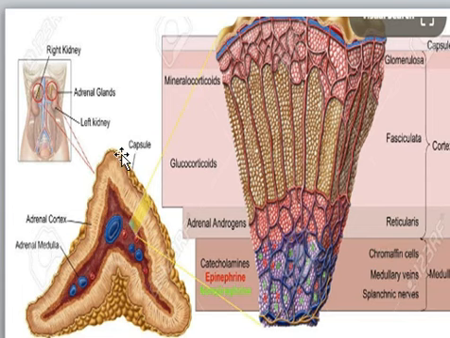This is the capsule, this is the cortex, and this dark part is the medulla. Thank you for your listening.